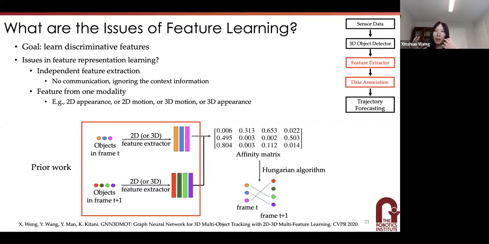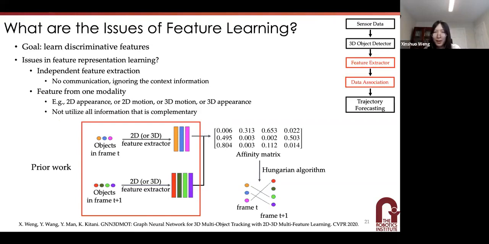Or they use PointNet to extract some 3D appearance feature from the 3D point cloud of the objects. So there are very different modalities, or very different evidence, people can extract from the objects. It would be good to leverage all of them instead of just some, because all of these modalities could be complementary to each other.